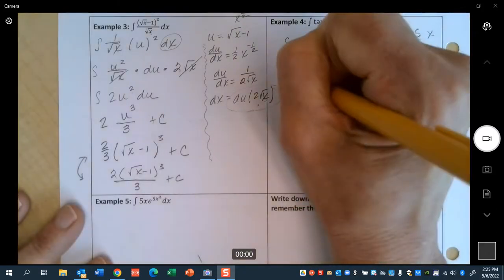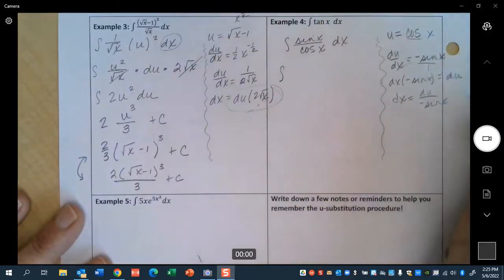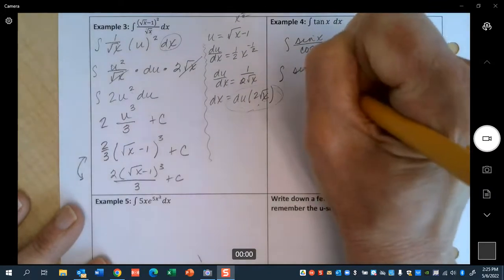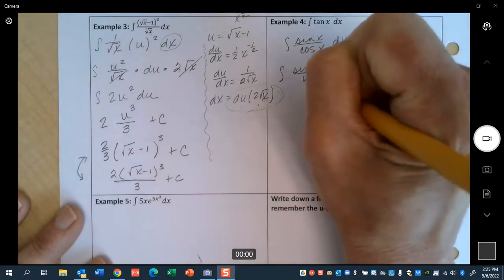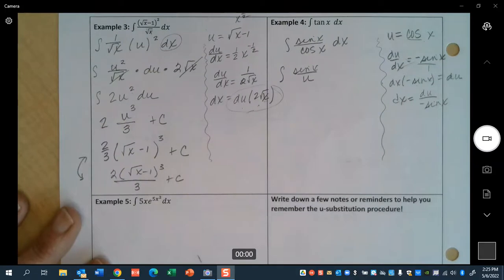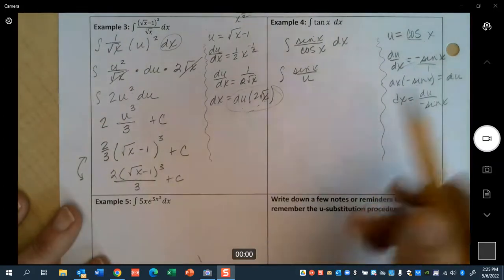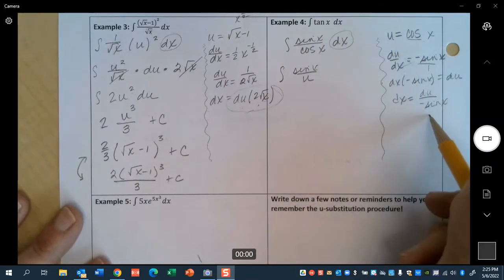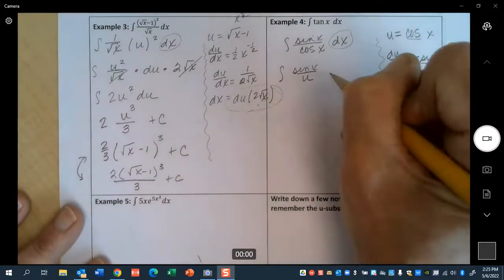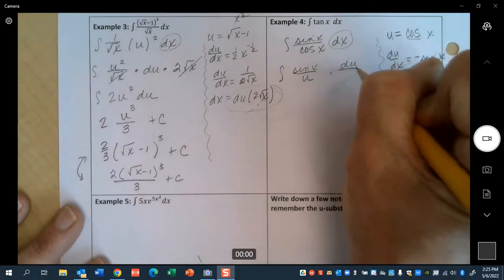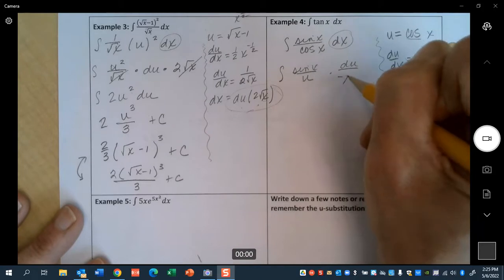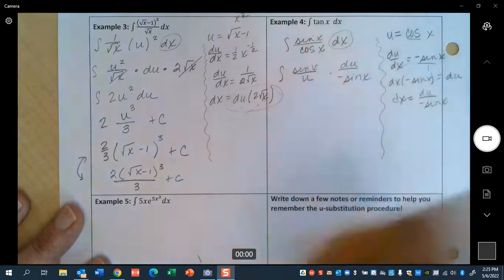Let's see. So I have the integral, I let u equal cosine, so I have the sine of x over u. And instead of writing dx, I'm going to write what dx is equal to. Du times the opposite of the sine of x.